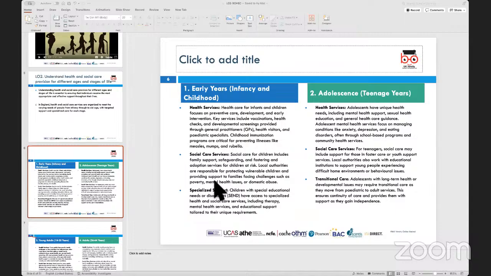And in some cases, it will also put together services required for children who are born with disabilities.